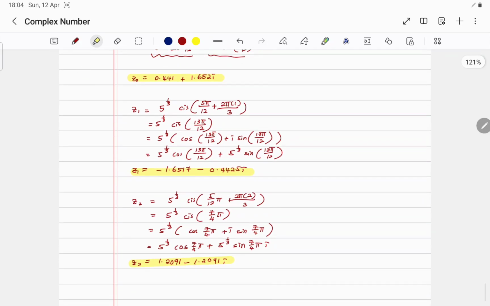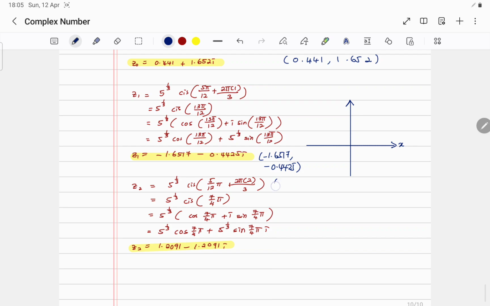Okay, like this. So from here, if they ask you to indicate the 3 roots on the Argand diagram, or show or illustrate all the roots on the Argand diagram, you have to draw an Argand diagram like this. And then here you list down all the coordinates that you have: 0.441, 1.652. Here you get negative 1.6517, negative 0.4425.